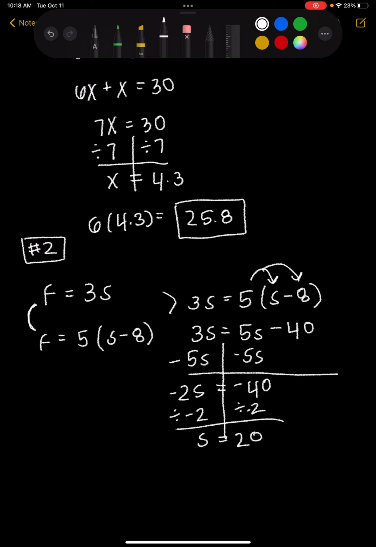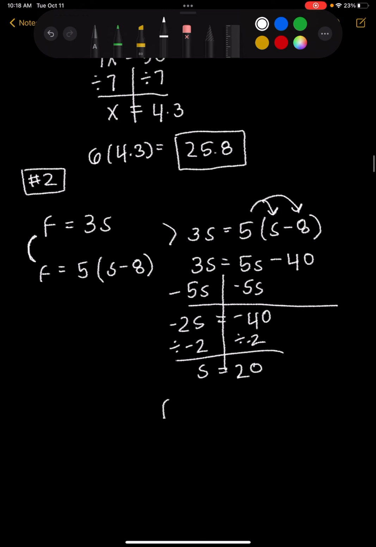So what that tells me is that the son right now is 20 years old. So if the father is 3 times as old as his son, we're going to just use that top equation, F is equal to 3 times 20, which is equal to 60. So the father is 60 years old. So that's how you're going to do the age ones.